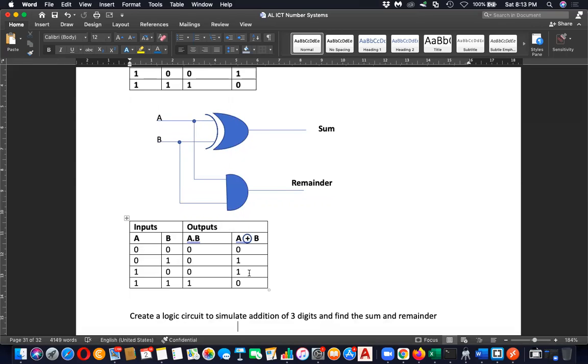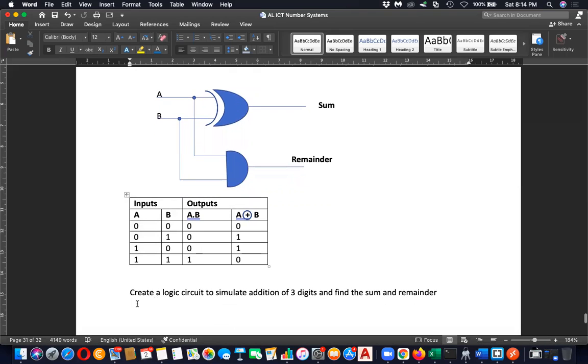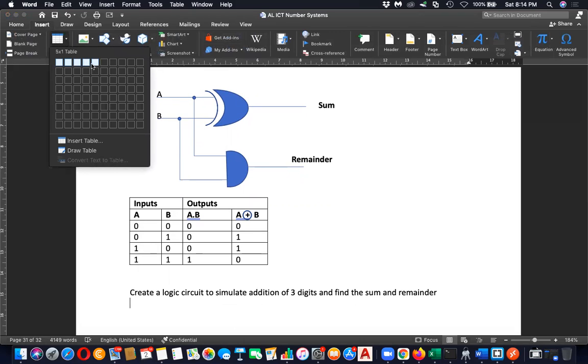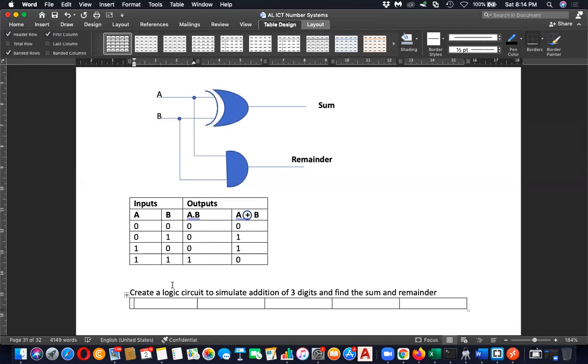And give me the answer. First draw the truth table for 3 digits. You have 3 digits A, B, C, sum and remainder. A, B, C are 3 digits.